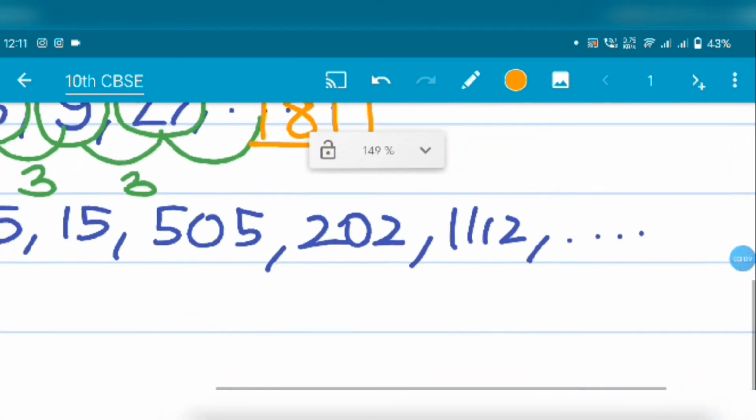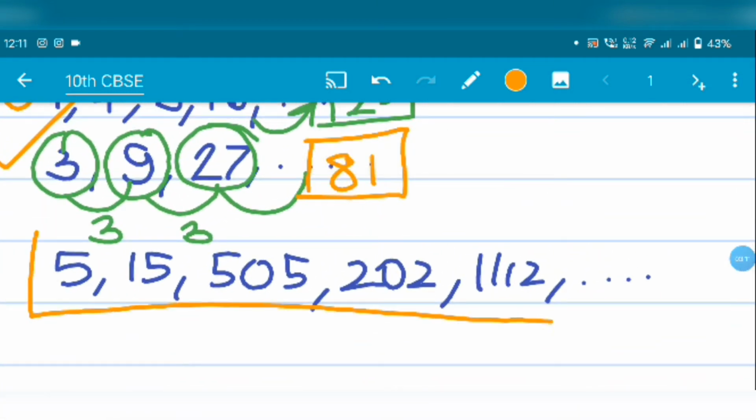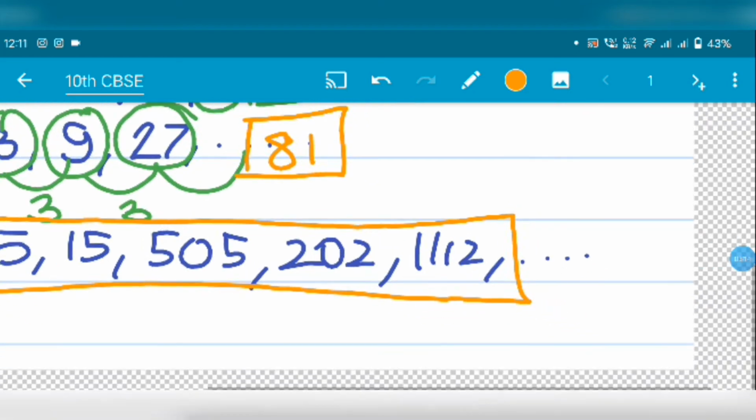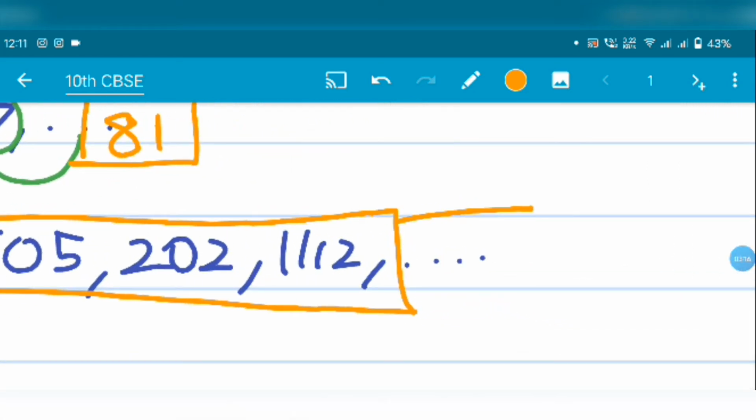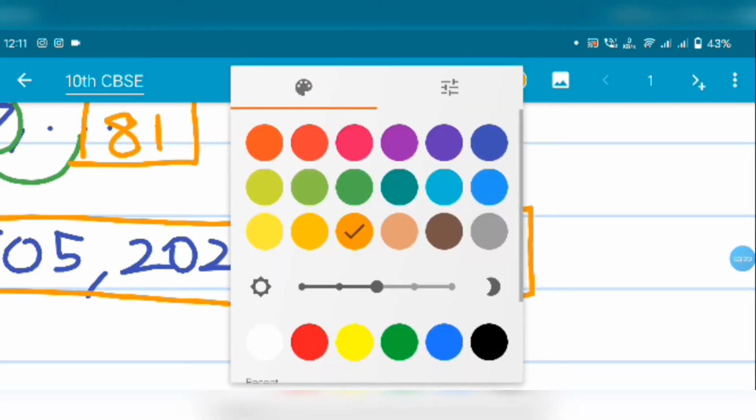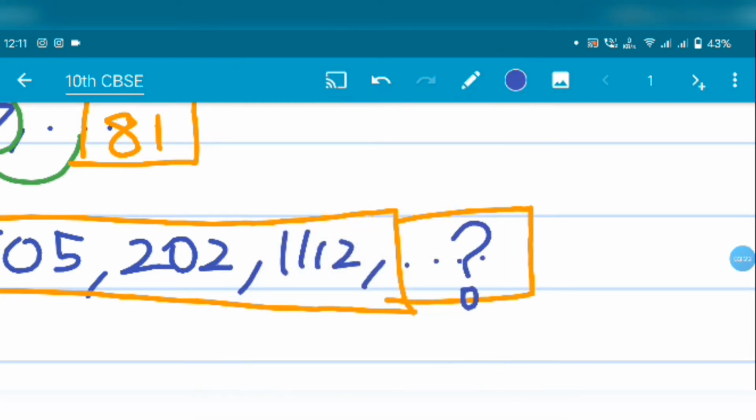But when we talk about this one, if I ask what number will come after 5, 15, 505, 202, 1112, it is a very difficult task to identify. Why?